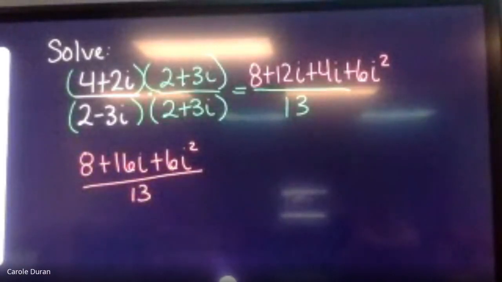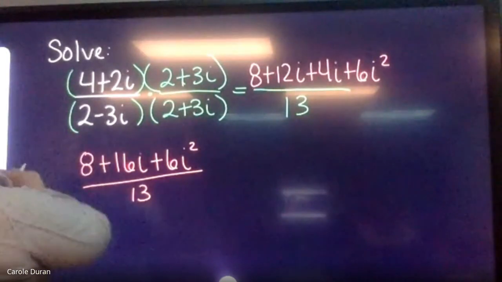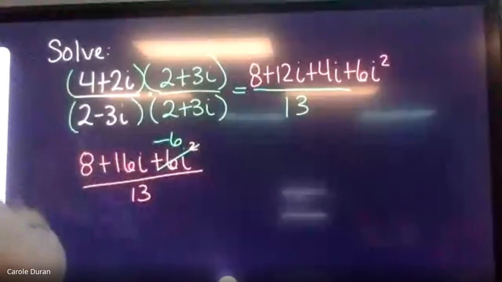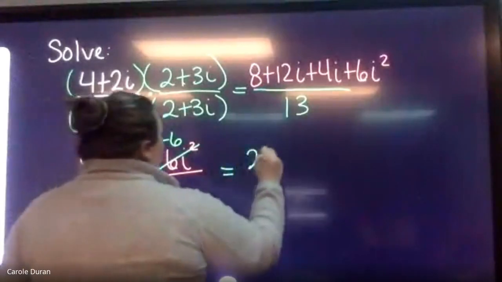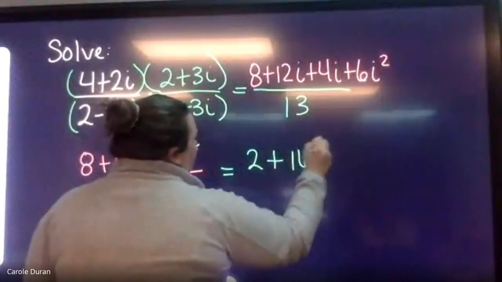I know I'm not finished because I still have an i squared in my numerator, so how do I simplify that out? i squared becomes negative 1, which means this positive 6 becomes a negative 6, and I can combine it with the 8 out front. And when I do, I get 2 plus 16i over 13.